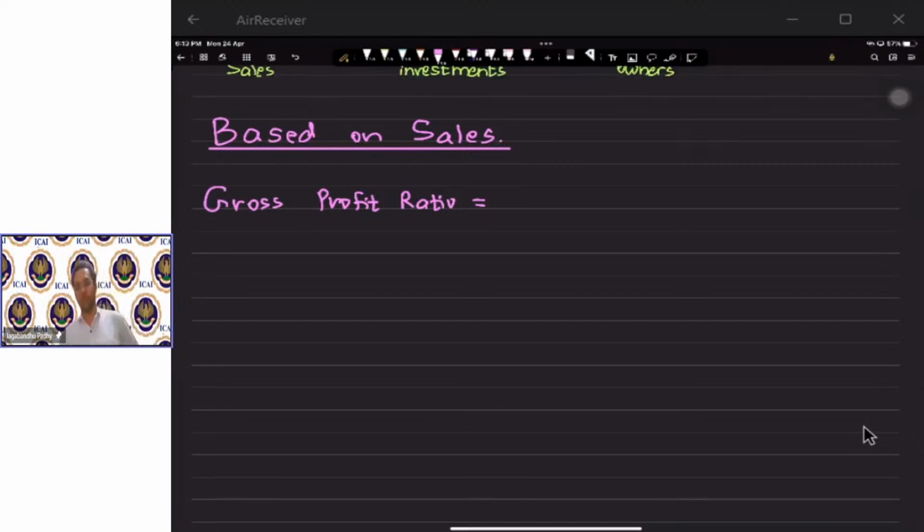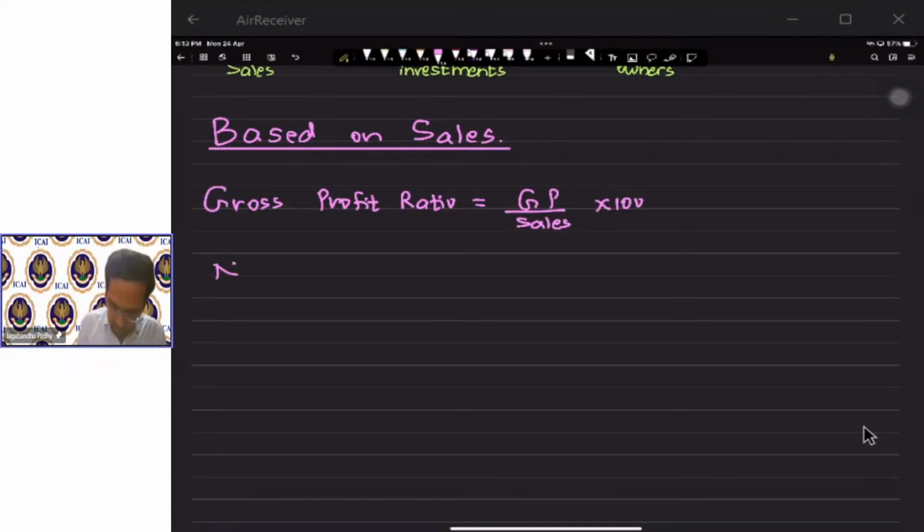Gross profit ratio will be the gross profit upon sales into 100. It simply tells you what percentage of your sales are you generating gross profit.